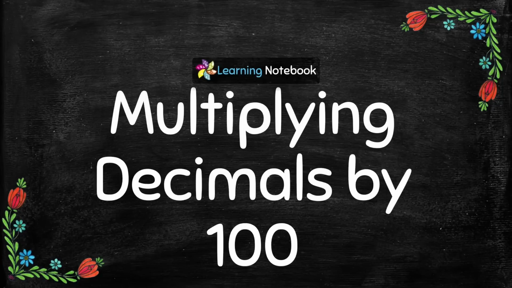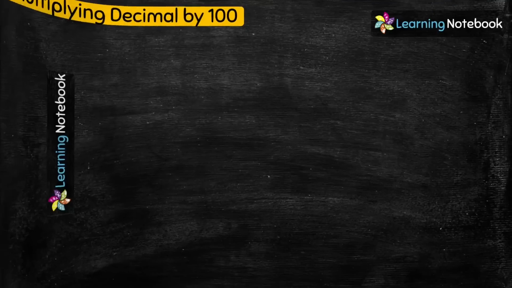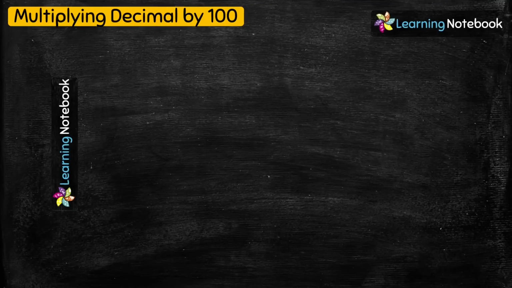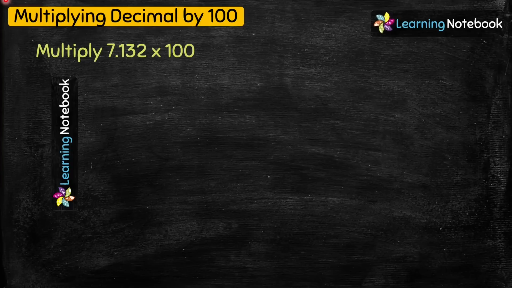Now let's see how to multiply decimals by 100. The question is, multiply 7.132 by 100. So again, first we will convert this decimal number into a fraction.